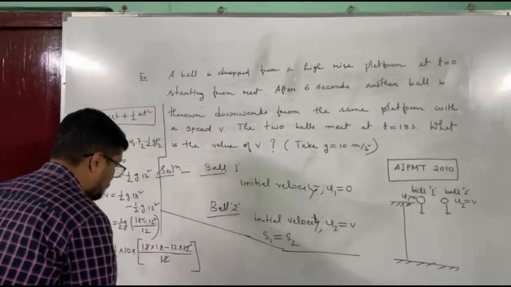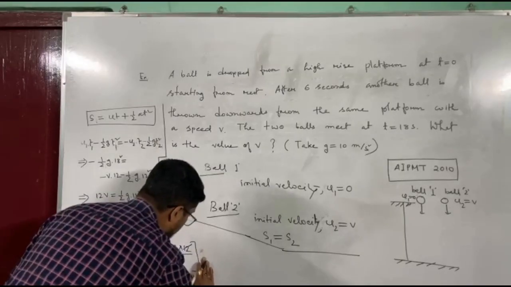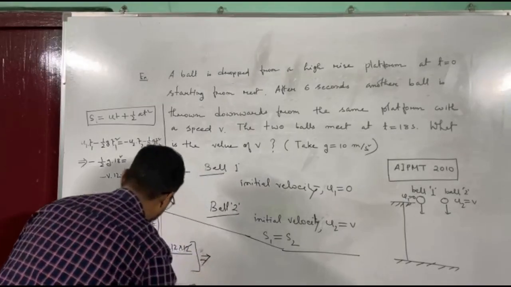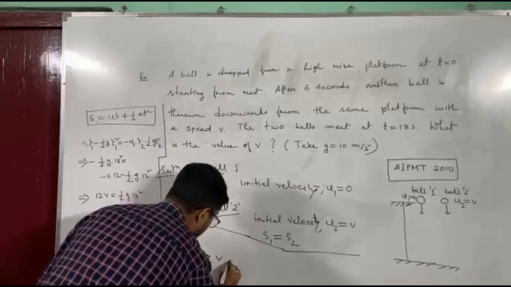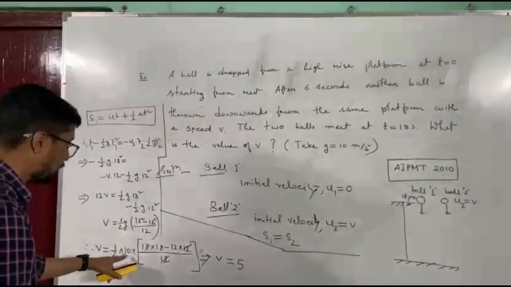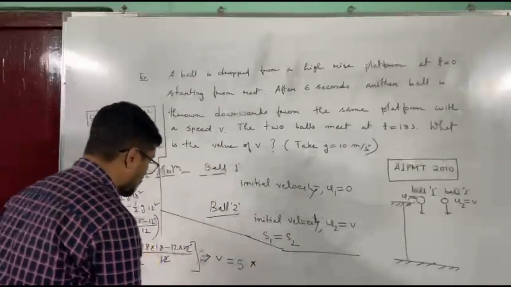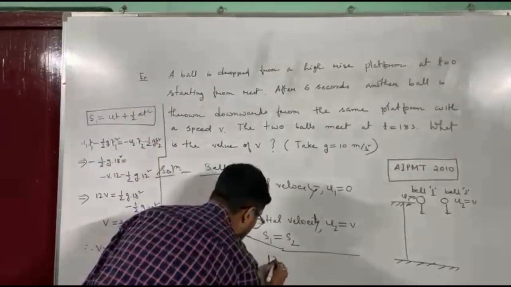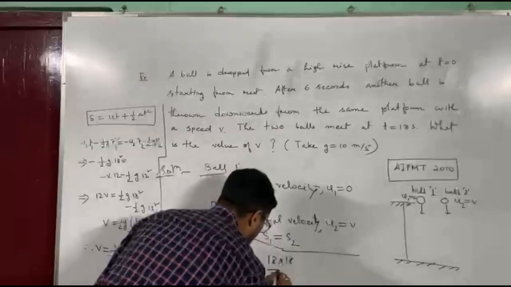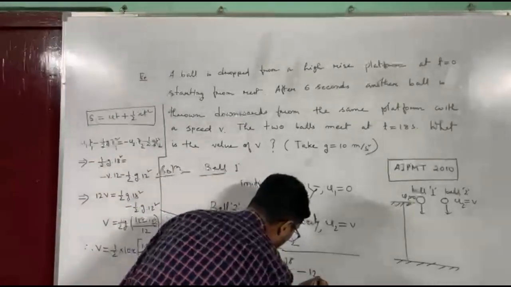From here, what you can get, this implies V is equal to 5, half of 10 is 5, into 18 by 12 minus 12.